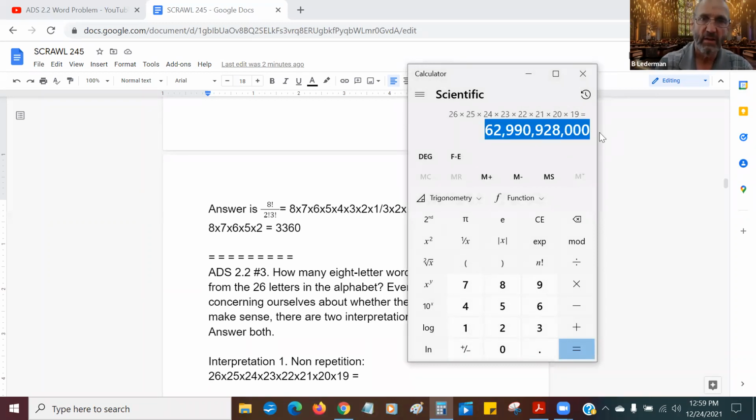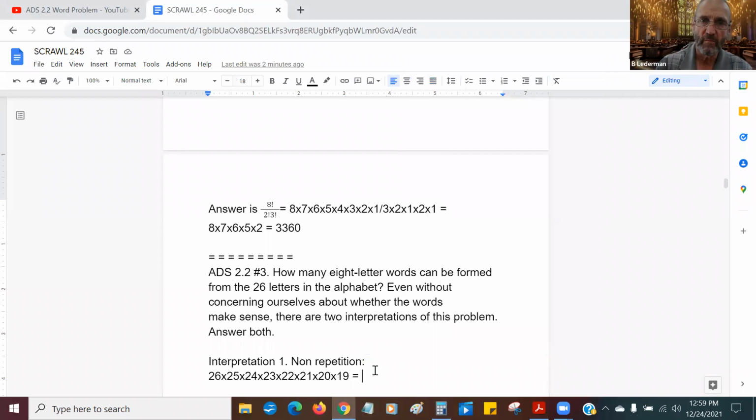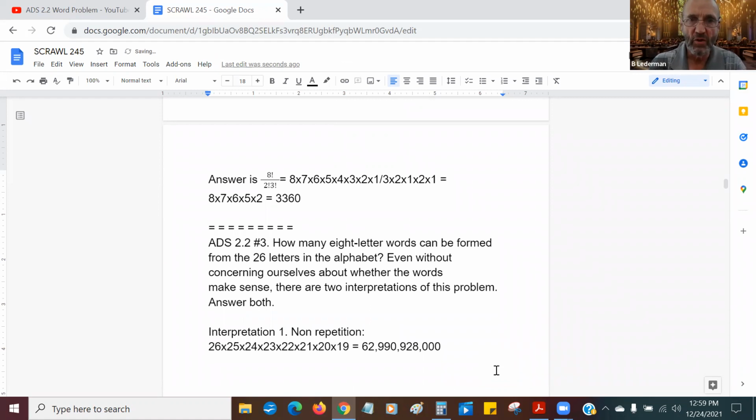That is 62 billion 990,928,000 different words, and that's actually the smaller one because interpretation 2 is actually going to be bigger. Interpretation 2 is going to be a bigger answer, and that's going to be with repetition.